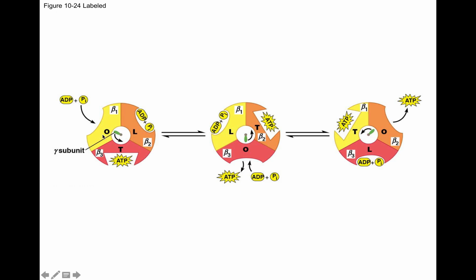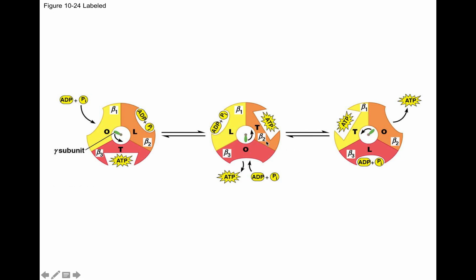So let's start with the O, or open conformation, where ADP and P will diffuse in from the matrix and bind. And then the gamma subunit rotates as protons bind to the C subunit of the FO channel and cause it to change shape. This then causes, again just following the beta 1 subunit, a change of shape to a loose conformation where it's loosely holding ADP and P. They're not free to diffuse away, but it's not holding them tightly.